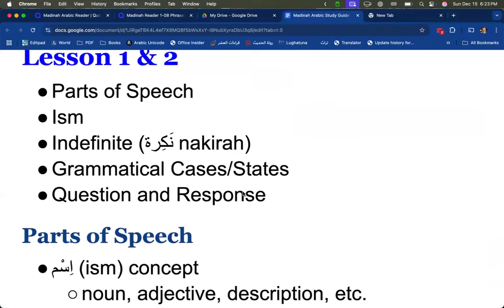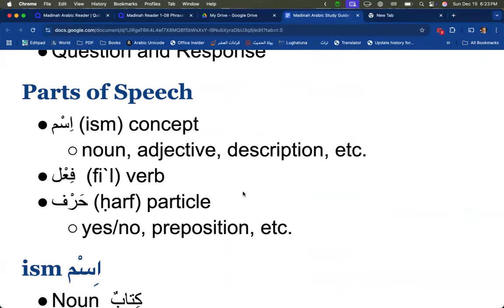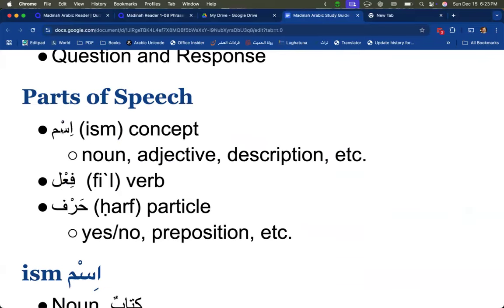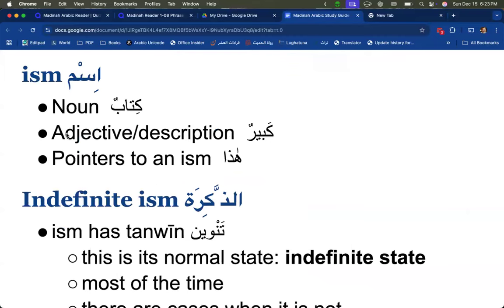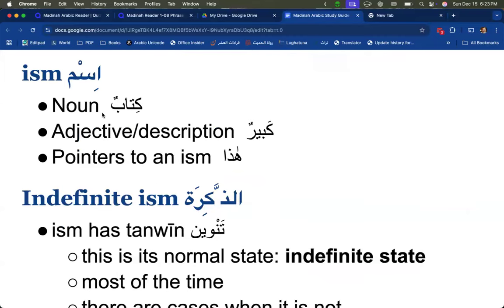Okay, so this is lesson 1. In lesson 1, we learned that Arabic is made up of three primary types: ism, fi'l, and harf. Everybody clear on that? We just covered that. Okay. Ism can be a noun or an adjective or a description or pointers.